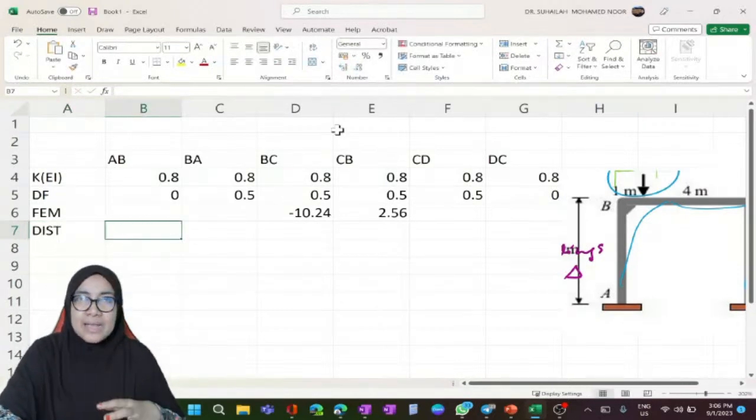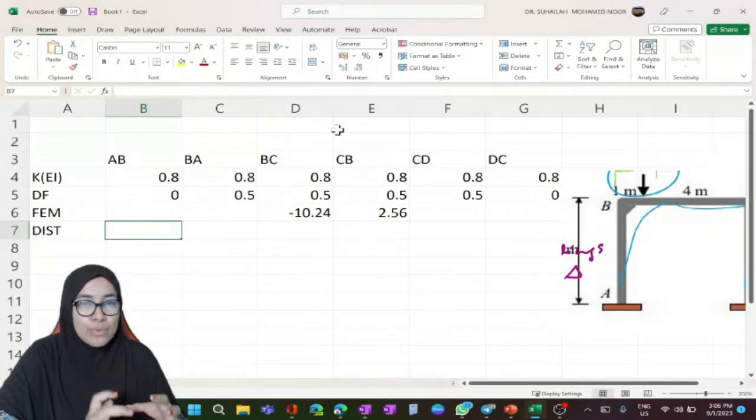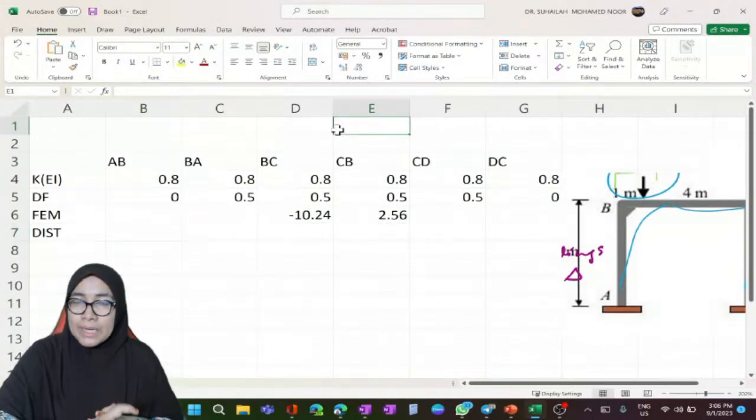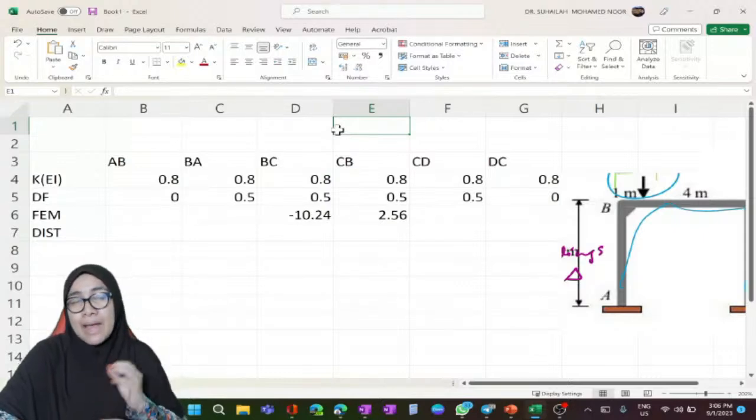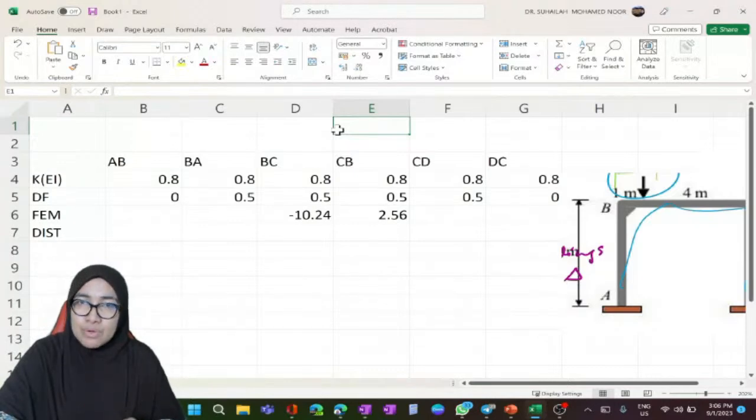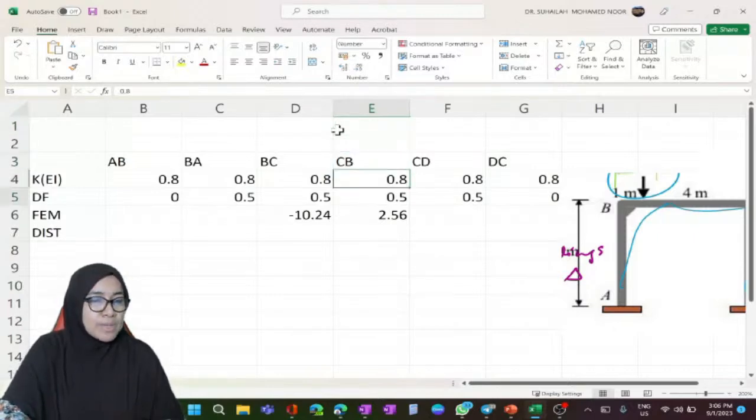As I explained, when we distribute moment, we don't distribute member end moment, but joint moment. The FEM gives the first member end moment in the table, but the moment that we distribute is the joint moment, which is opposite to the member end moment.